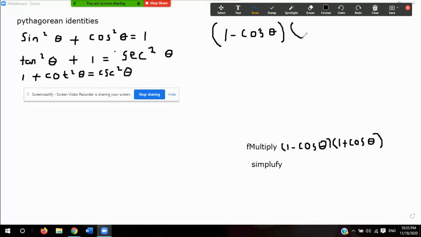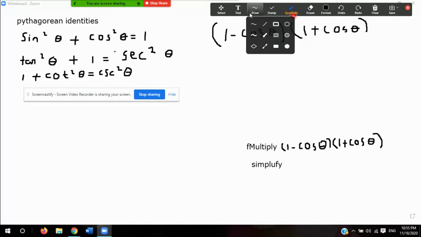Let's go ahead and multiply it right here. 1 plus the cosine of theta. We're going to use the FOIL, which means we multiply 1 times 1, and then 1 times the cosine of theta.